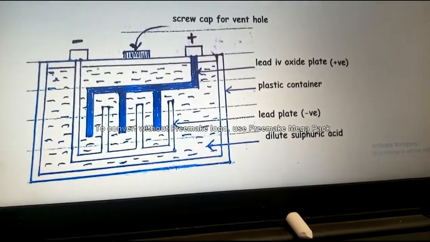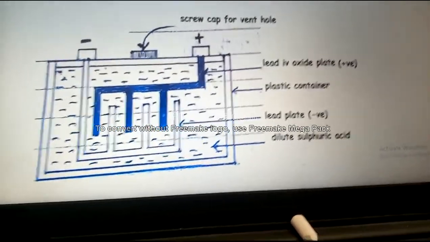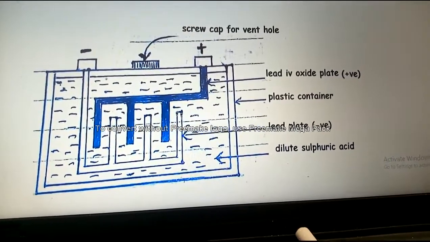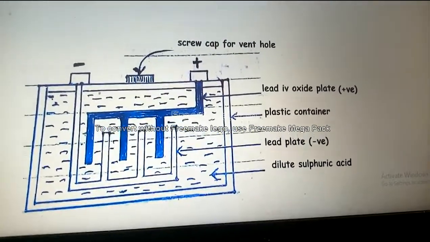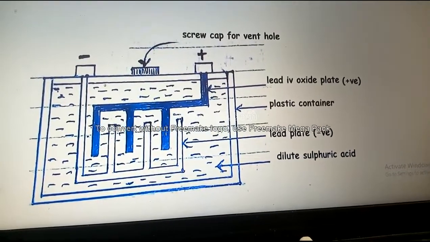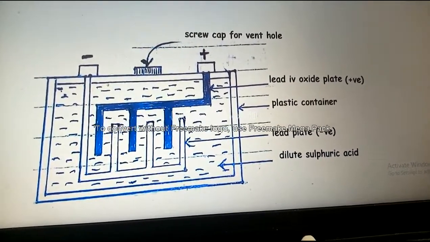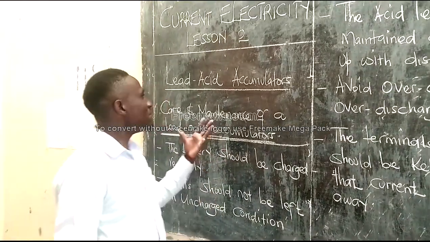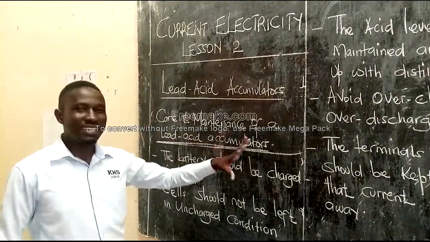We are not going into details of a lead acid accumulator, but we want to see how you can take good care of it, how you can maintain your battery to work for a very long period of time. So let's look at care and maintenance of a lead acid accumulator.